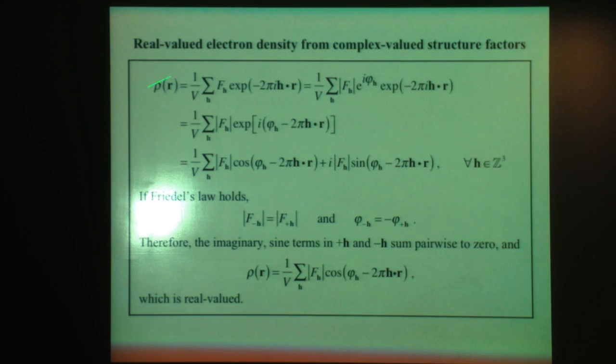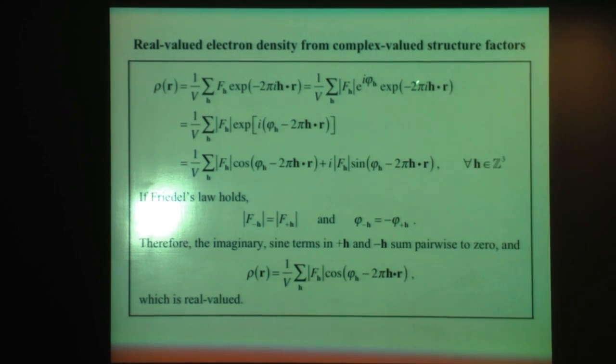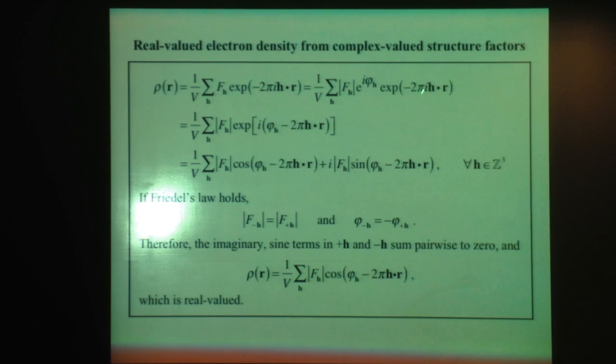Then that comes down to this expression. We replace the exponential minus 2 pi i h dot r by the cosine of 2 pi h dot r and the sine of 2 pi h dot r, and then sum that over all the possible cases. So we rewrite the complex exponential in this way.